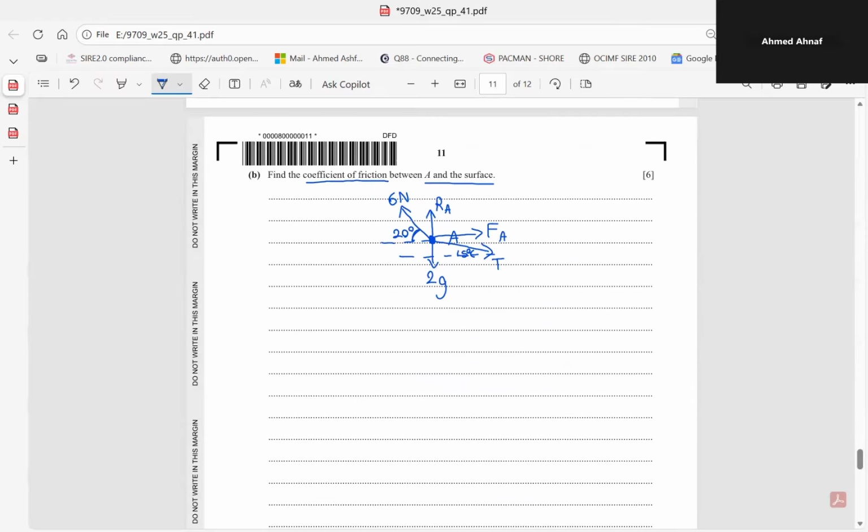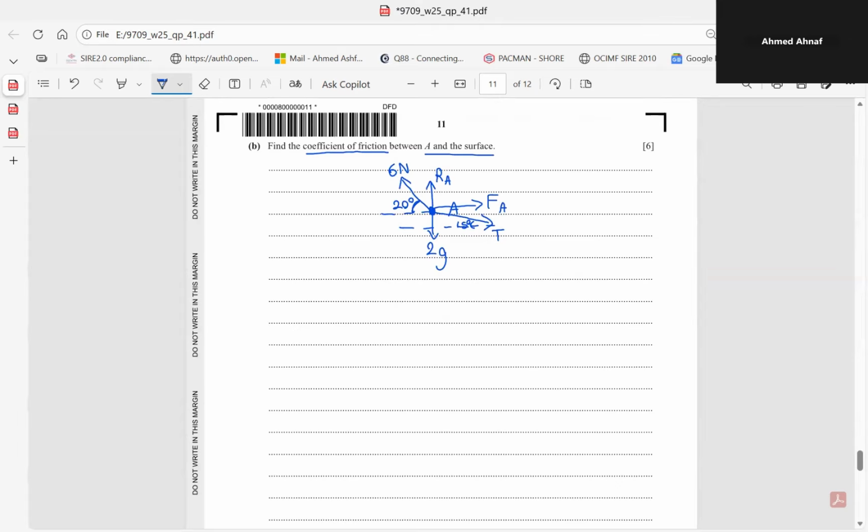So for the vertical components, we have 6 sine 20 upwards, as well as RA. For downwards, we have the 2G and the vertical component of T, which is T sine 15.